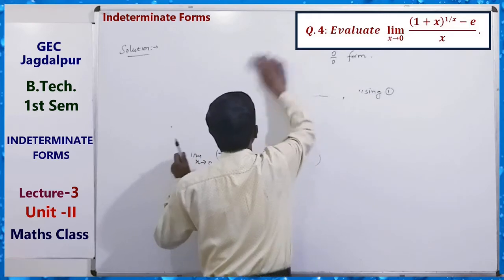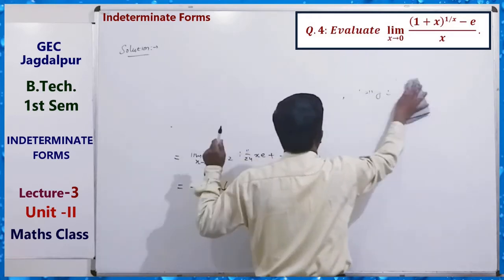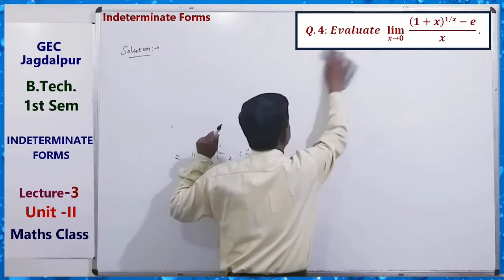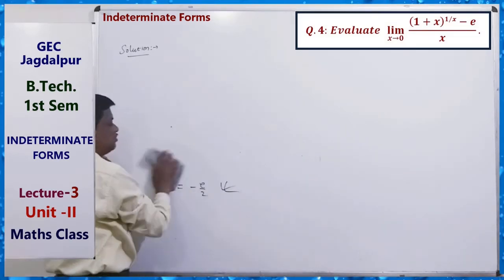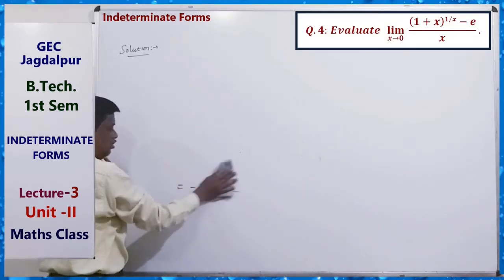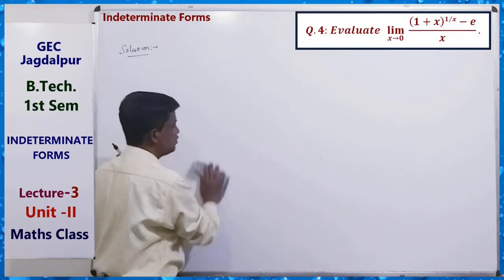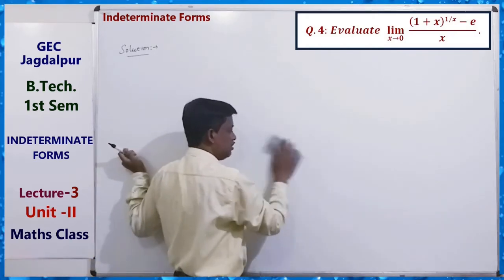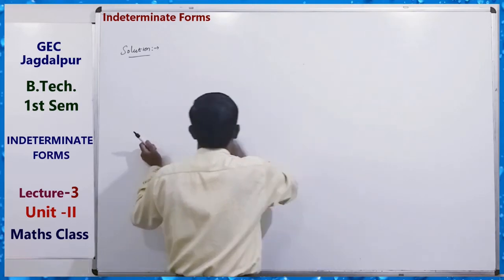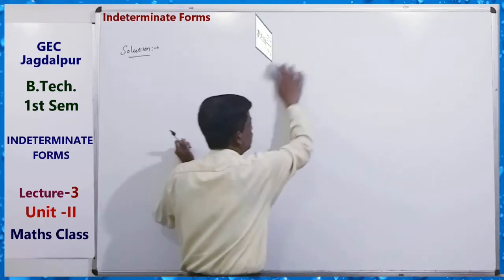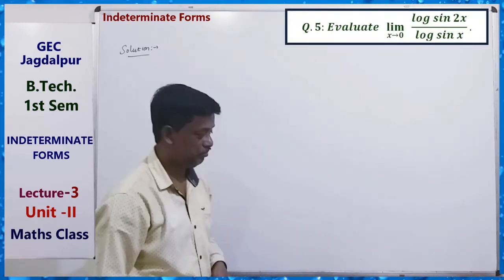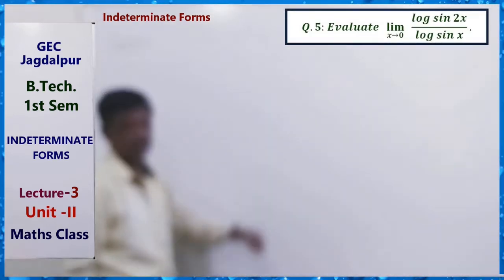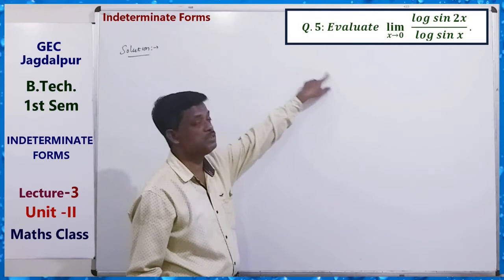We know the infinity upon infinity form can be reduced to the 0 by 0 form. L'Hospital's rule can also be used for the infinity by infinity form, but successive differentiation will be difficult. So here we will try to reduce it to the 0 by 0 form.